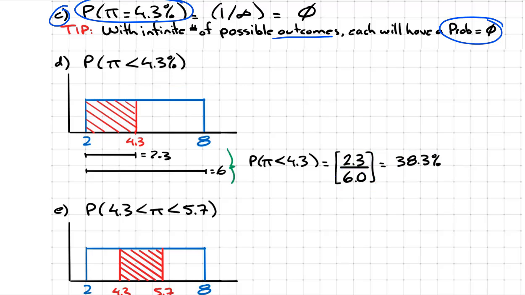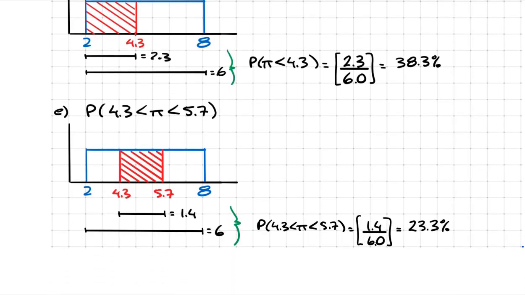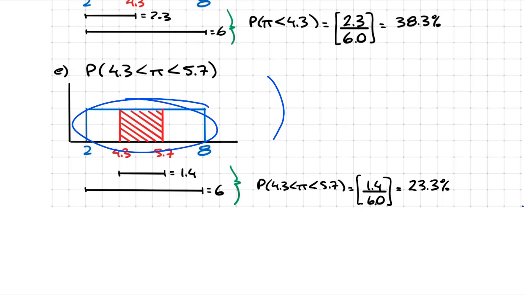And now in part D, we're asked to calculate the probability that inflation will be between 4.3 and 5.7. Same process, ladies and gentlemen, same process. Here's our minimum value, maximum value, and the author is interested in this shaded area over there. What does the total box represent? In other words, this whole range of outcomes. Well, that's going from 2 until 8, so that represents a range of 6.